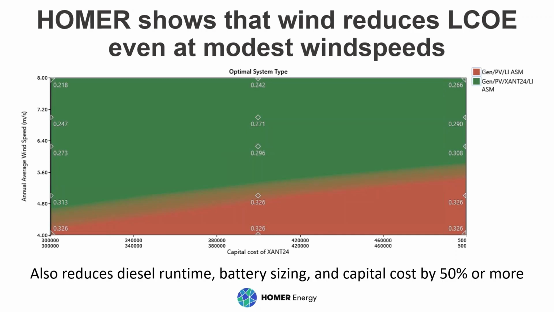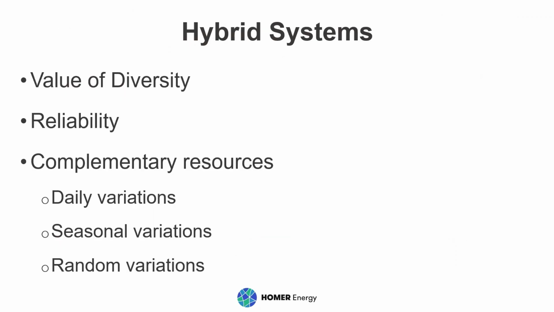Likewise, I'm not going to show all the graphs and all the numbers. I'd kind of overwhelm you. But at the same time, it's also substantially reducing your diesel runtime, substantially reducing your battery sizing, and your overall capital costs. So that's in a tropical location that doesn't have a lot of seasonal variation. I'm going to talk about another analysis that we did in Crete, an island off of Greece, to show the value of diversity.